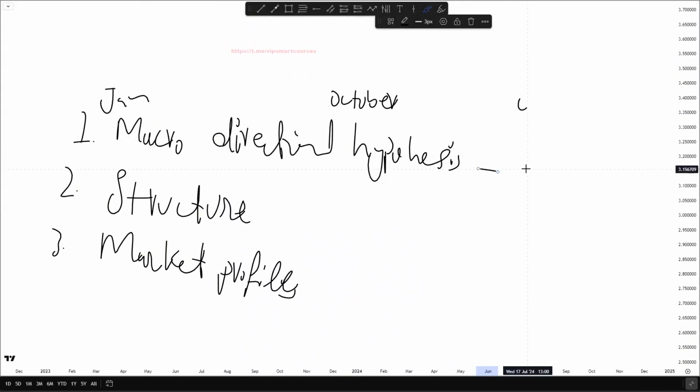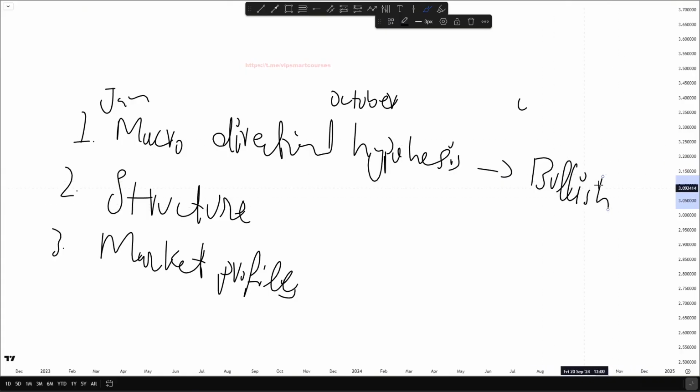Okay, this is basically the first step. So let's say in the first step we built or established that we have a bullish macro directional context based on the behavior of the last 3 to 4 months and based on the seasonal tendency chart. So now our objective, our second step, is to validate or invalidate this directional context.